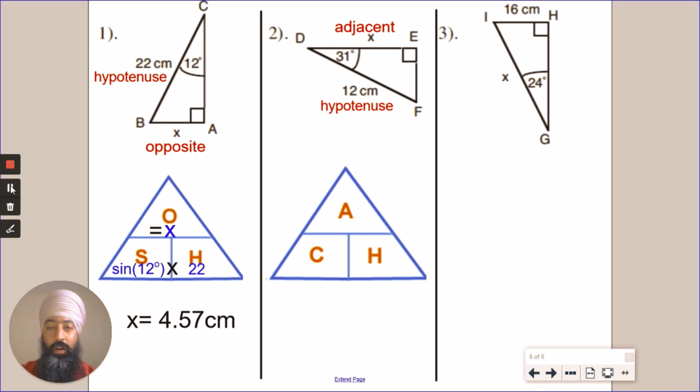Okay, so now that we've identified which triangle we're going to be using, the CAH triangle, my next step is to substitute the values into that triangle itself. Okay, so the triangle with the values substituted into it will look something like this.